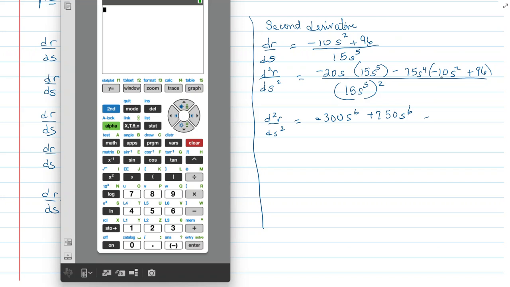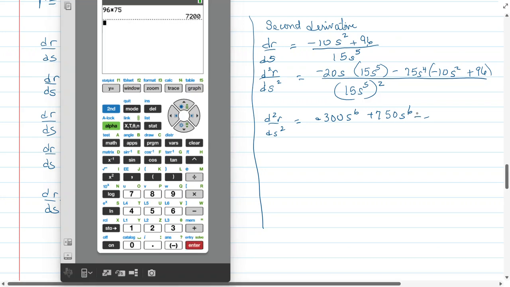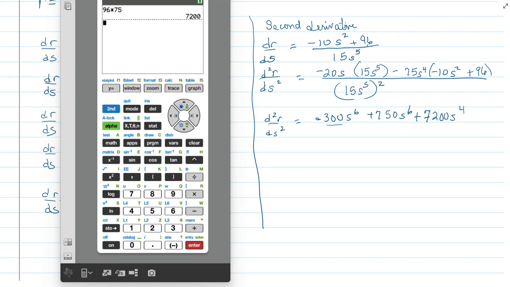With that, I got the first one because that was easy, 10 times 75. But 96 times 75 is a little different, 7,200, and that's a plus, 7,200 with an S to the 4.